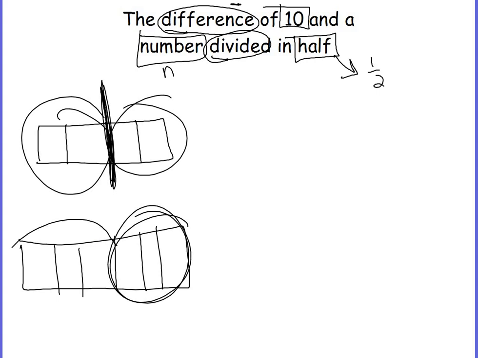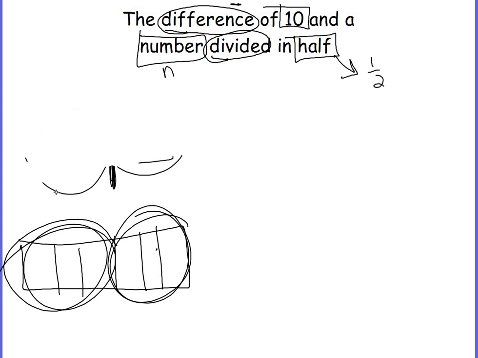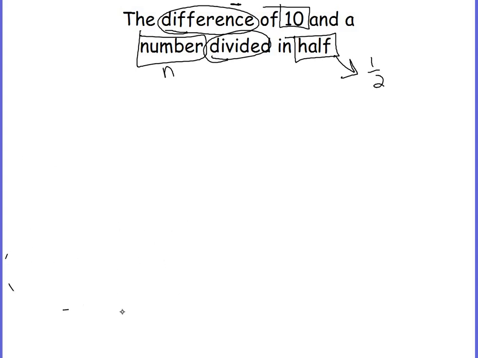But you're dividing it by 2 when you split it in half. 1, 2, 1, 2. You're not dividing by half. Okay? Divided in half means that you're going to divide by 2. Dividing by half would mean that you would divide by 1/2. And we'll look at an example like that after this one.